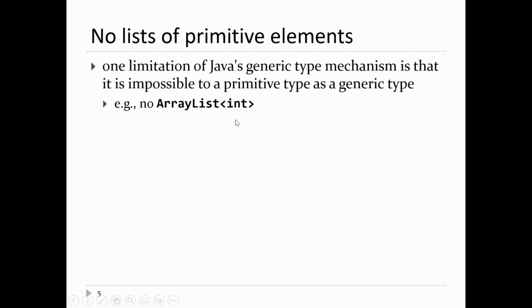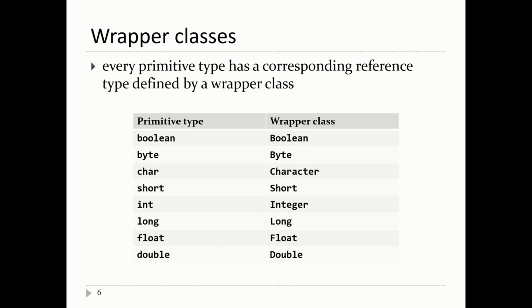So if you can't make a list of int, what do you make instead? This is one of the reasons why these wrapper classes exist. We saw the class Integer, the class Double, the class Character, I think. Those classes, I told you, hold information about their corresponding primitive type.